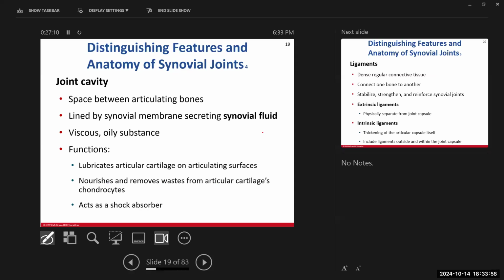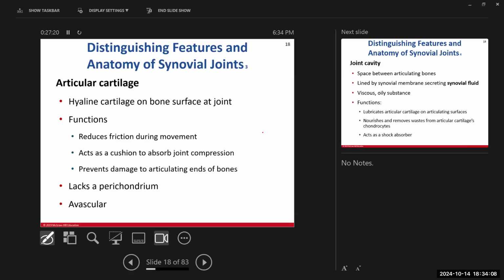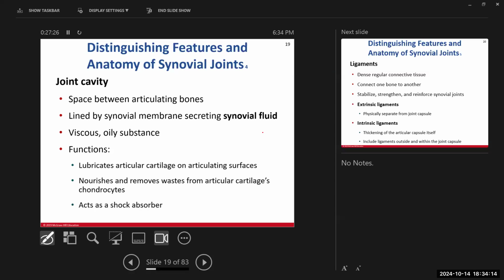And they found that it does better. Part of it is we want to make sure, with the articular cartilage, because there are avascular tissues in that area that we just replaced, that we're getting nutrients to that tissue. Okay, so we've talked about the joint capsule.